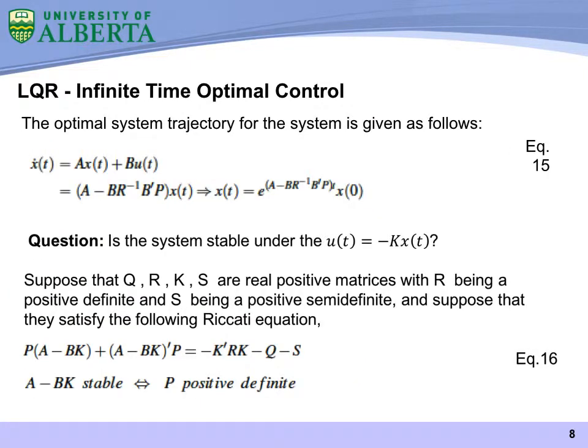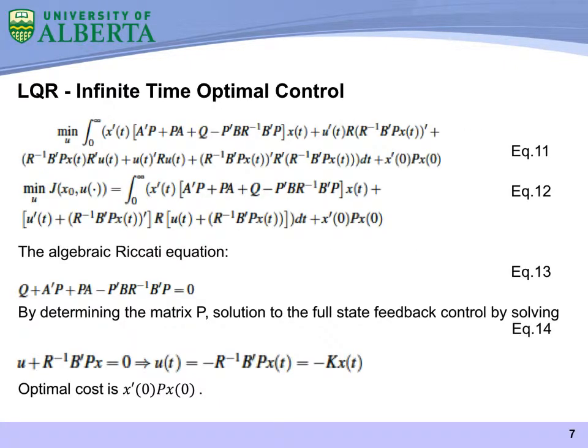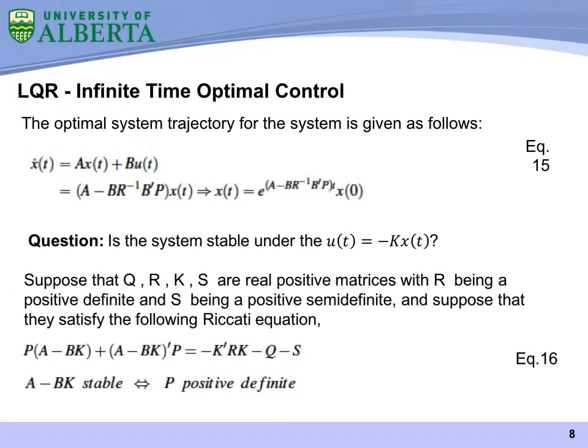Okay, that's very nice. Let's now see that the infinite time optimal control solution is stabilizing. We apply the input u that was previously calculated as minus R minus 1 B transpose P x of t, and we now obtain that A minus B R minus 1 B transpose P is a new matrix, and the solution of this closed loop state matrix is as follows, where this is a stable evolutionary operator.